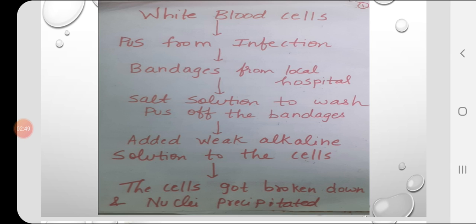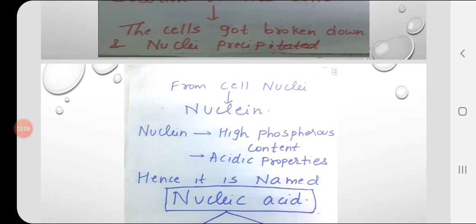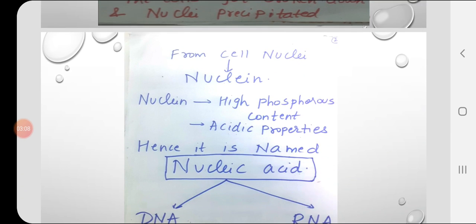Then he added weak alkaline solution to the cells, and because of that, the cells got broken down and nuclei got precipitated. In this way, he separated the nuclei from the pus. This was named nuclein, having high phosphorus content and high acidic properties.